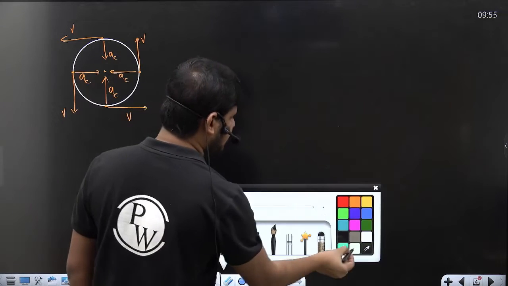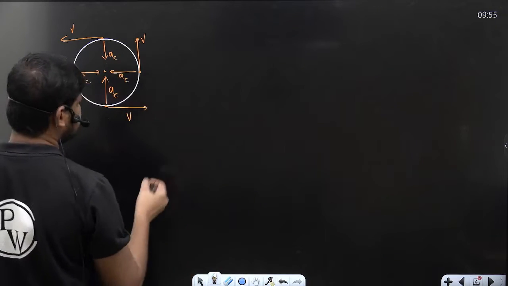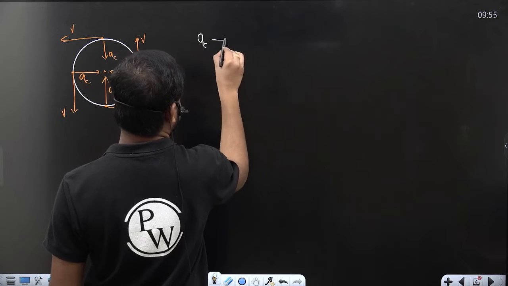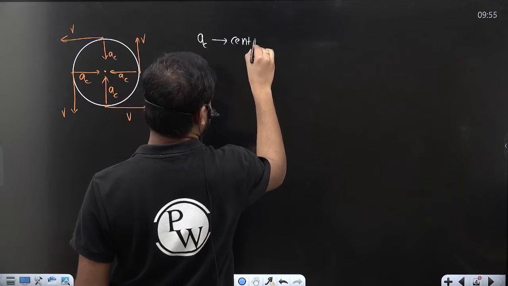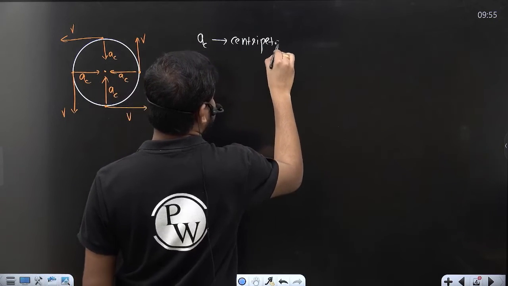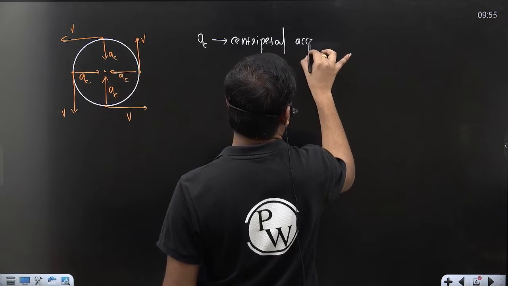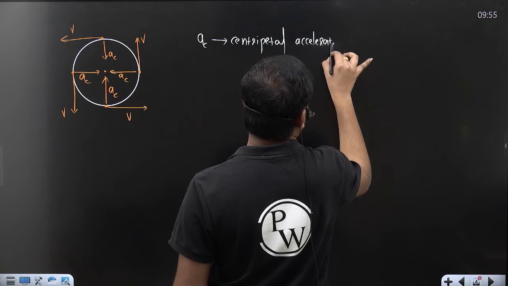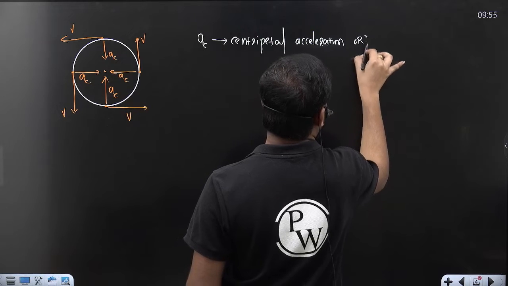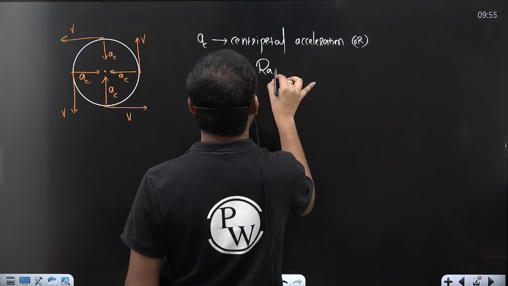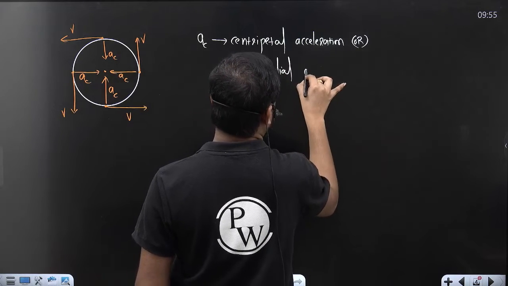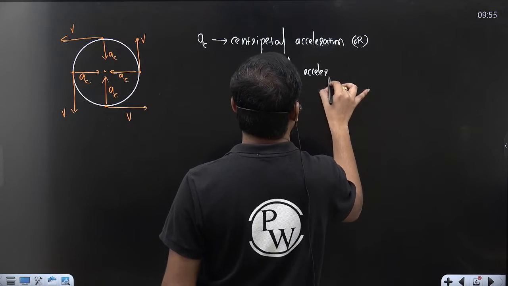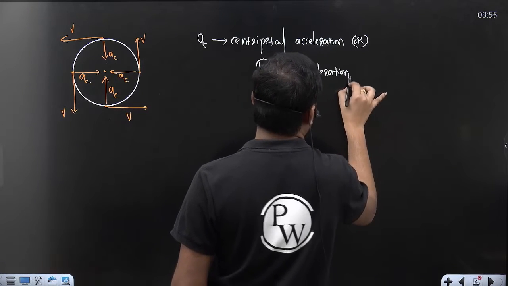So now see here, the centripetal acceleration AC is a centripetal acceleration, or which is also called the radial acceleration, which acts along the radius.